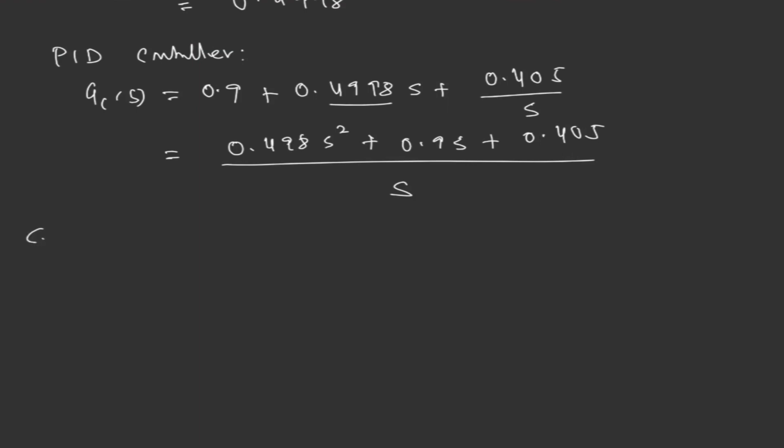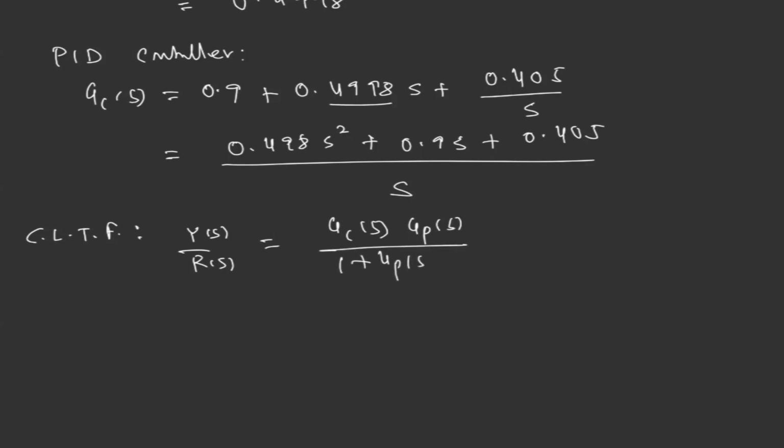The closed loop transfer function, as asked in the problem, is Y(s) divided by R(s) equal to Gc(s) Gp(s) divided by 1 plus Gp(s) Gc(s).